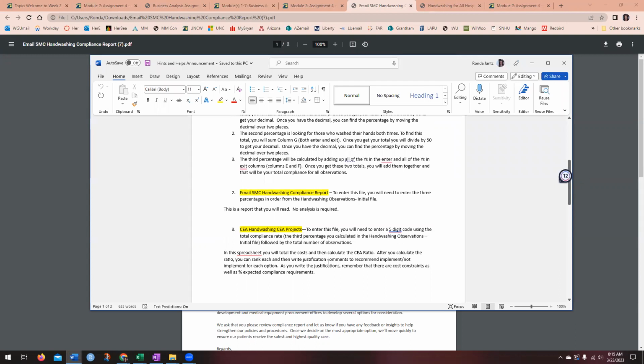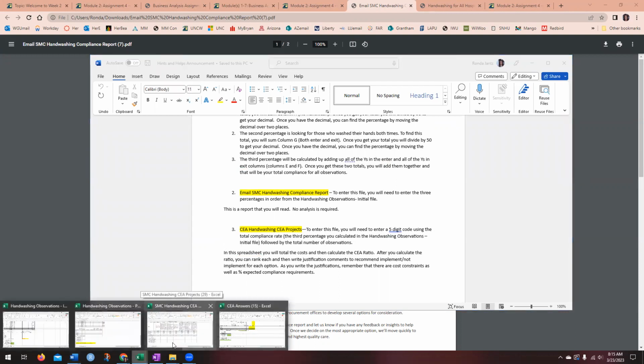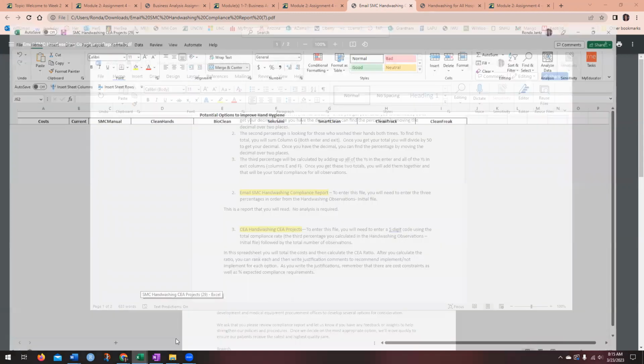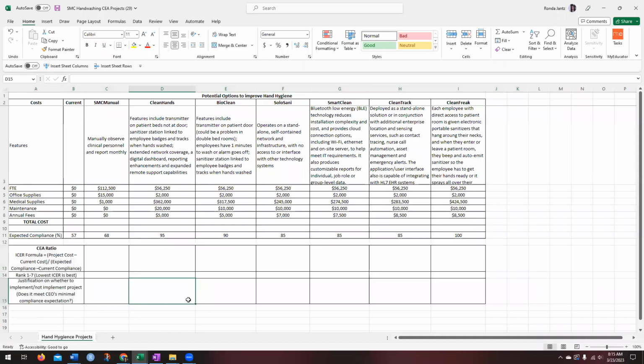Now in this spreadsheet, we are going to total the costs and calculate the CEA ratio. So let's go into this. This is that next spreadsheet that we're going to enter, and it's going to have several different projects. So we can pick one of these options here, but remember, we have to have 90% compliance and we can't spend more than $500,000.